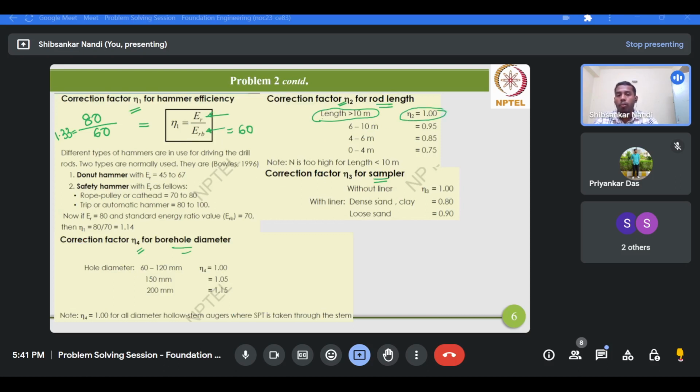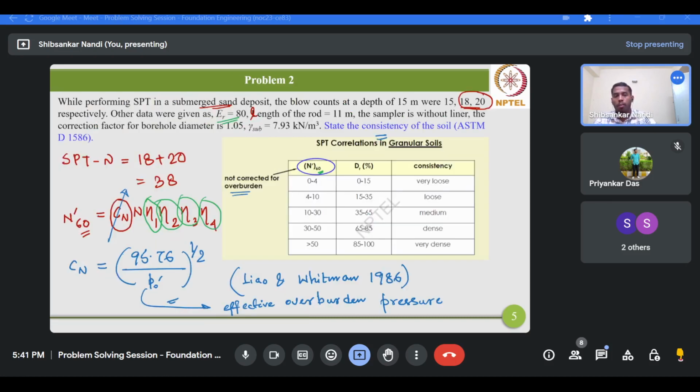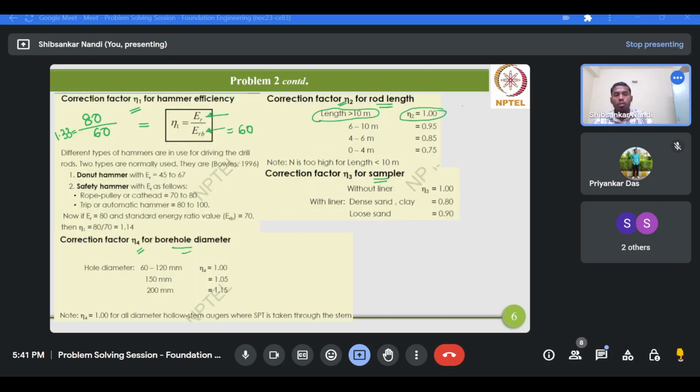Similarly, for different sampler conditions, you will have different correction factors: without liner, with liner, and with liner for soil deposit conditions: dense sand, clay and loose sand. Since the soil sampler used is without liner, the correction factor for sampler would be 1.